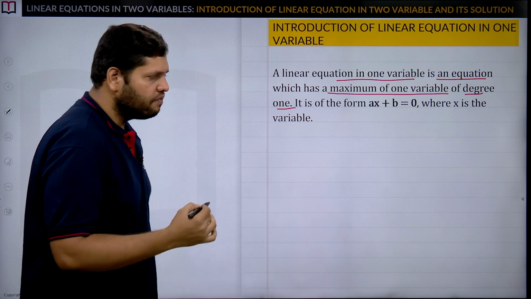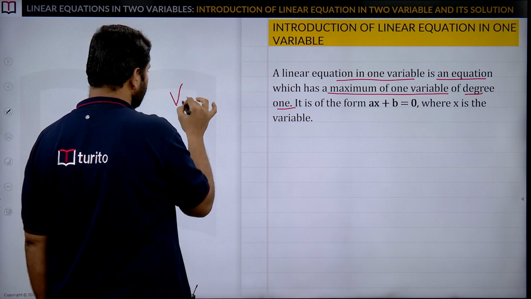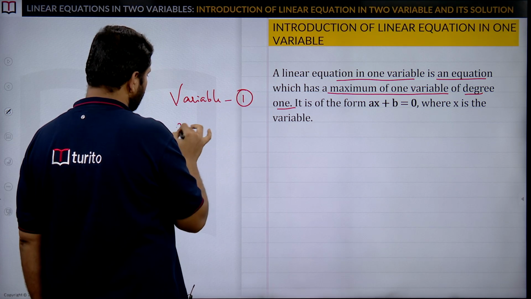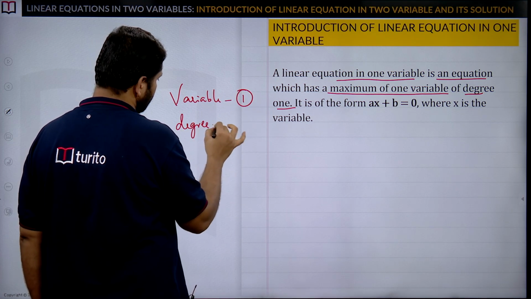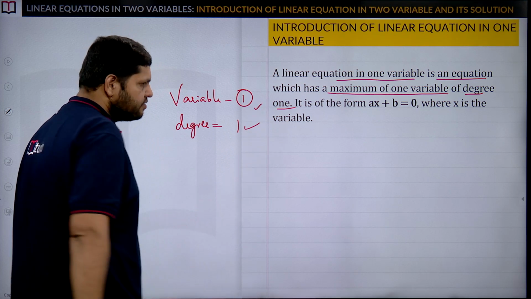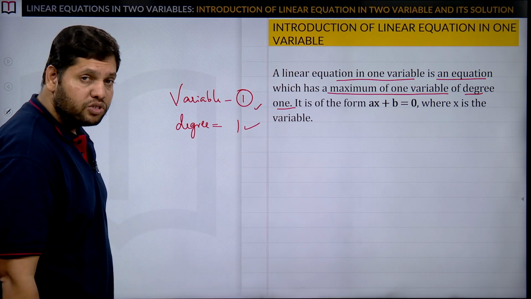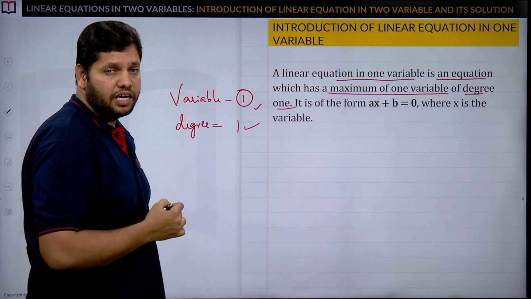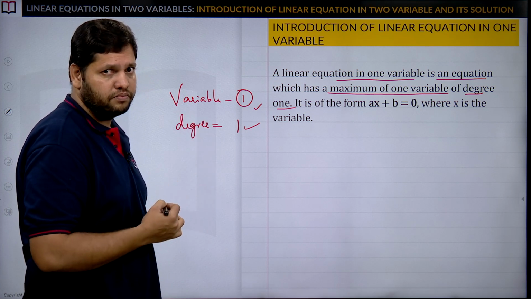So the number of variables is 1 and the degree is also 1. Both should be satisfied, children. Then only we can say it is a linear equation in one variable, isn't it, children?